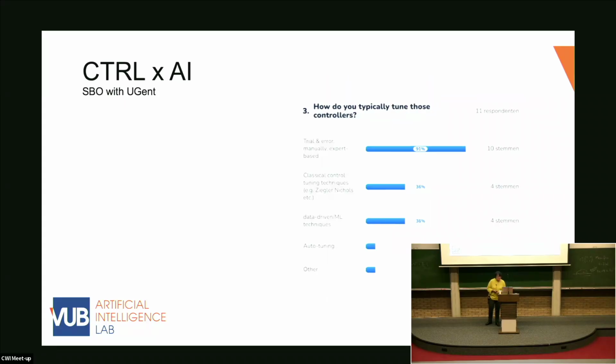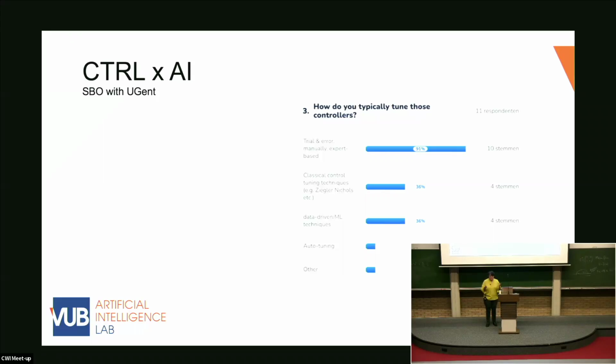In another part of the survey, what you see here is that 9 out of 10, 91%, are actually still tuning their PID controllers manually. So that was also a bit surprising for us. Some use the second line, classical control tuning techniques, using some guidelines to fine-tune the PID controller, and some were using machine learning techniques to do that.